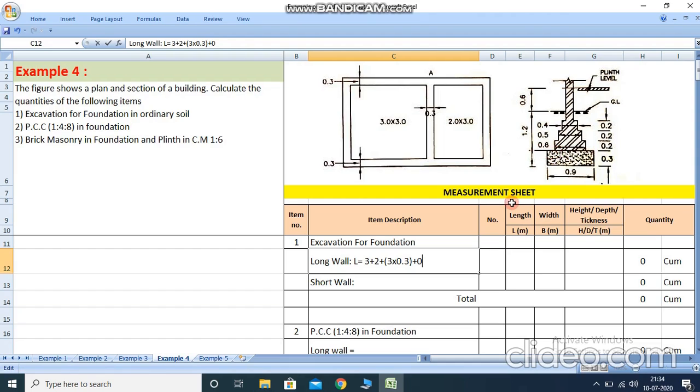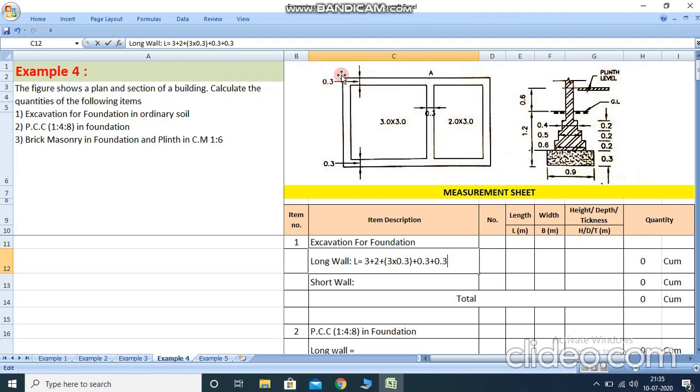So we include 0.3 plus 0.3, 2 times, for this side step footing and for this side step footing, right and left side both. For the step footing we excavate 0.3 extra on the periphery side of the wall.